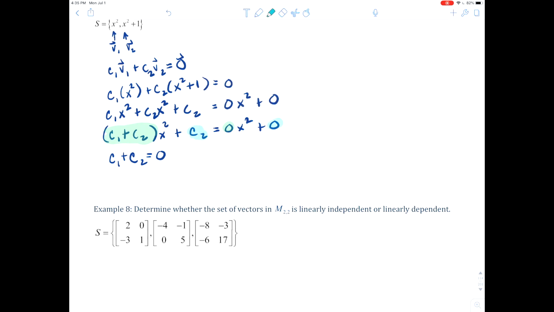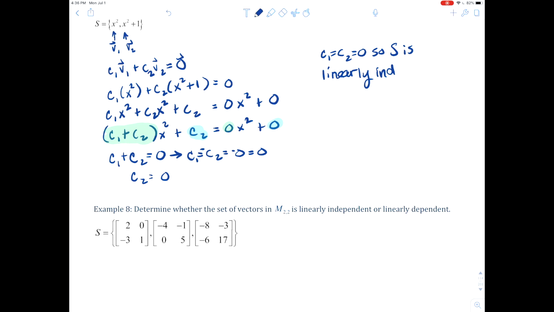Beautiful. C2 would have to equal 0. So what do we get? If C2 is 0, then C1 would equal negative C2, which is negative 0, which is just 0. So what's my conclusion? C1 equals C2 equals 0. So S is linearly independent.